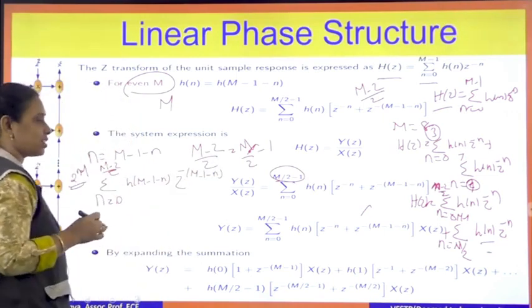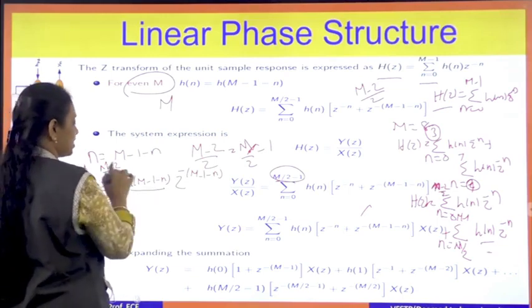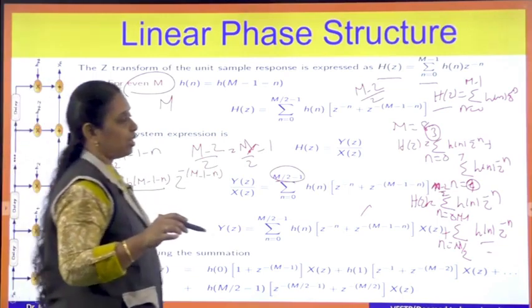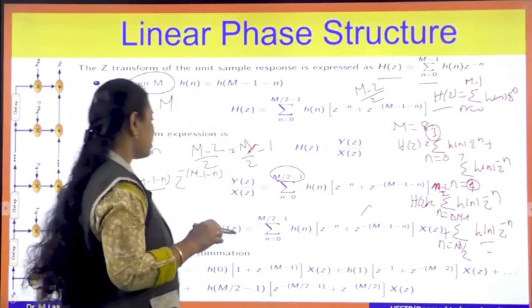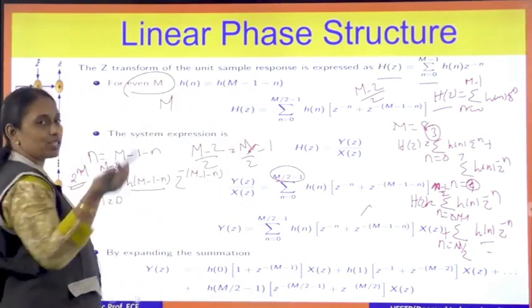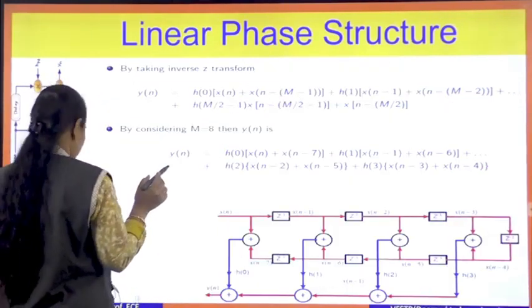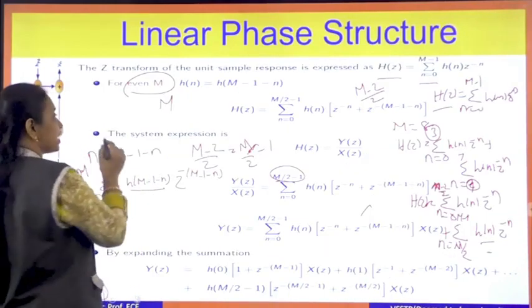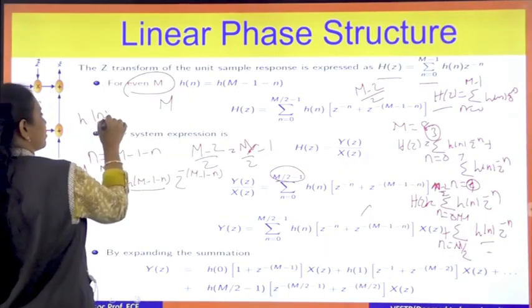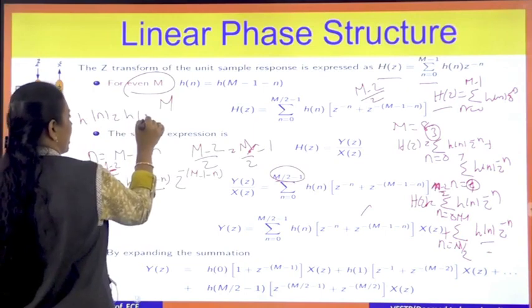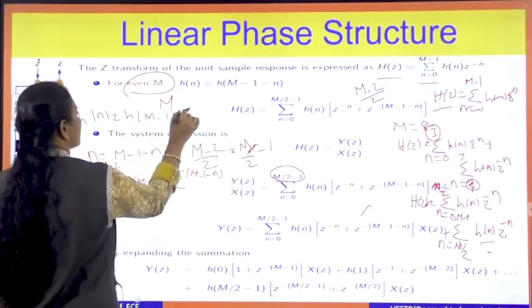I will have this equation. Now I know that the symmetrical impulse response is h of n equal to h of (M minus 1 minus n).